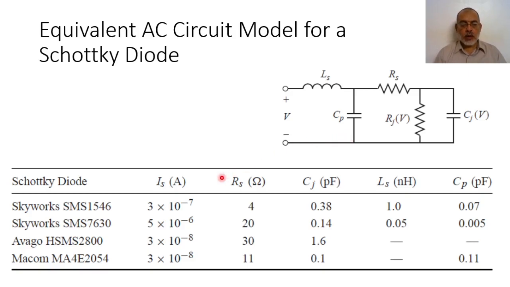For a better Schottky diode, we have smaller parasitic capacitance and smaller series inductance. However, for such a Schottky diode, we have smaller saturation current and greater series resistance and a smaller junction capacitor. Smaller junction capacitor means that it can be used at higher frequency.